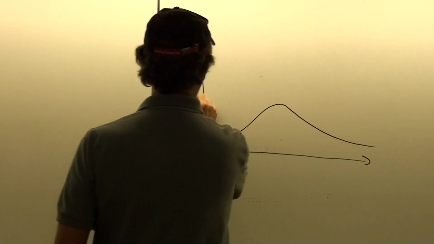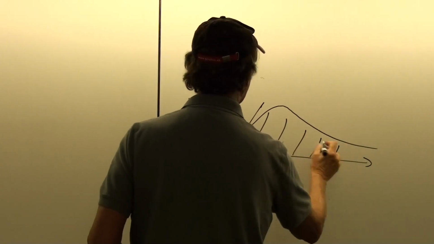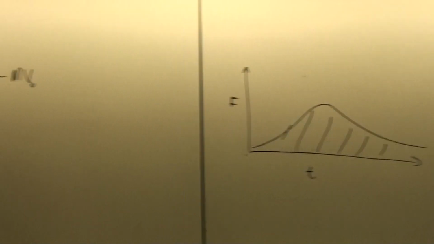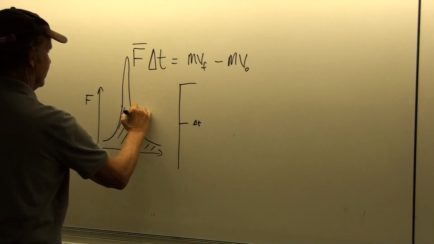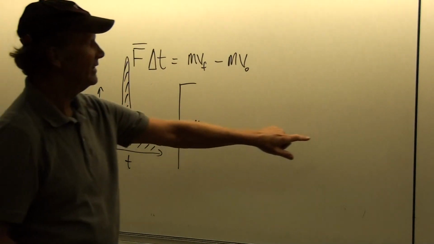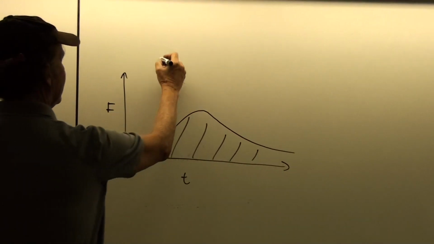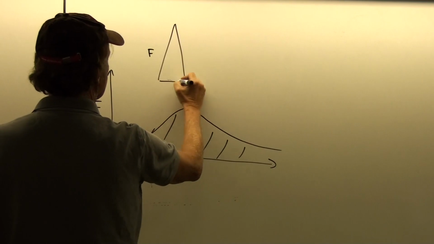Looks like that, F versus T. It still has the same, let's say, the same area under the curve as before. Let's assume that that area is the same as this area. You can make this look a little more to scale by doing that, so that this area is the same as this area. But here we have a small force and a big delta t.